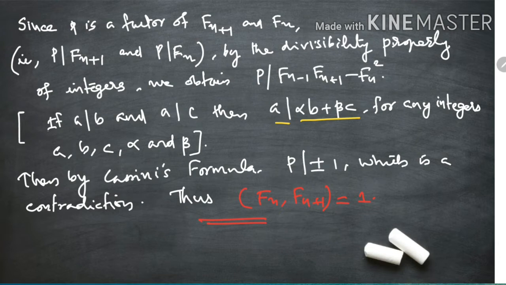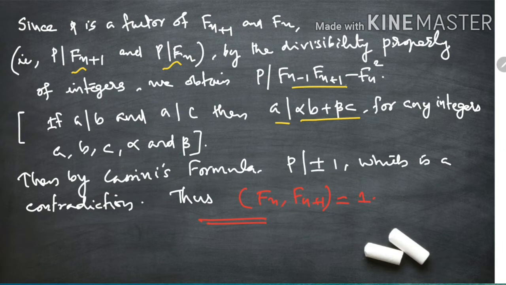So similarly, if P divides Fn plus 1, then P must divide any multiple of Fn plus 1. So Fn minus 1 into Fn plus 1, which is a multiple of Fn plus 1, is also divided by P. And P divides Fn means P divides Fn square also.